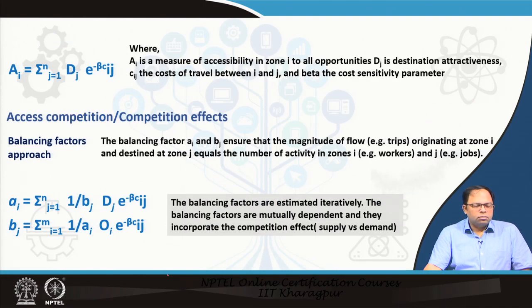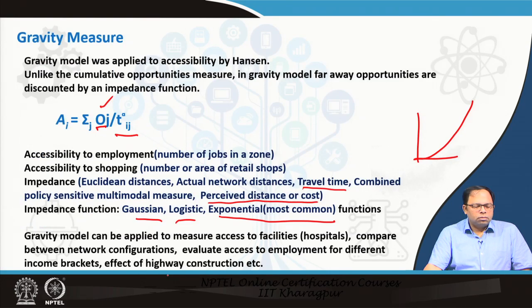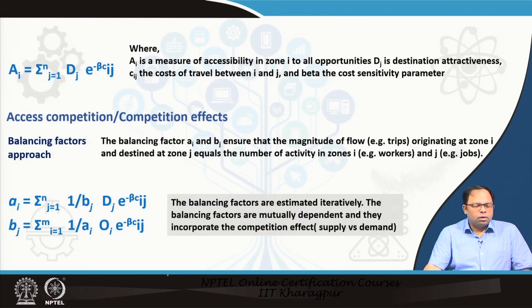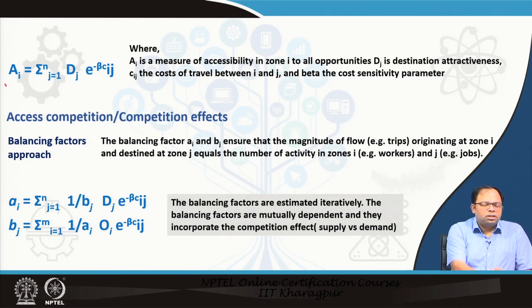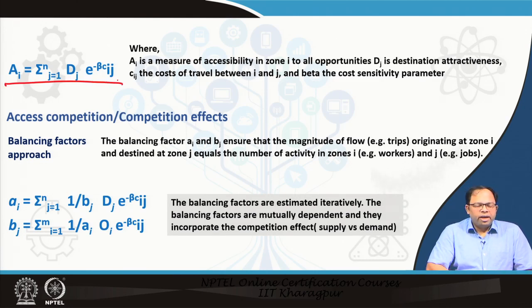Now, this is the most common form of this accessibility measure, where we have Ai, which is the measure of accessibility in zone i to all opportunities Dj, which is the destination attractiveness, and Cij is the cost of travel between i and j, and beta is the cost sensitivity parameter.